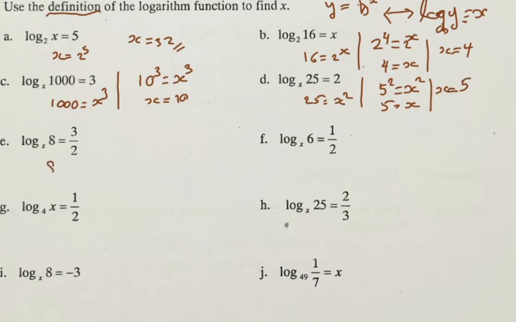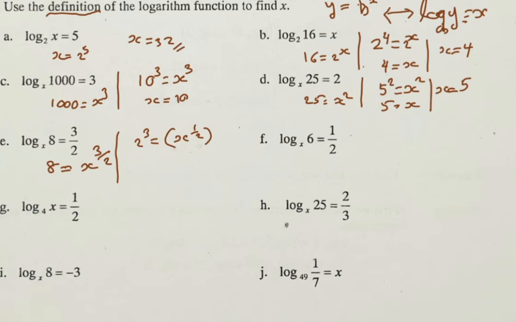E, 8 is equal to x to the power 3 halves. If you don't see it clearly, try to factorize the left hand side. 2 to the power 3 is x to the power 3 by 2. Make the exponent the same.